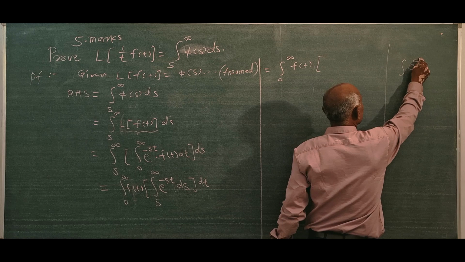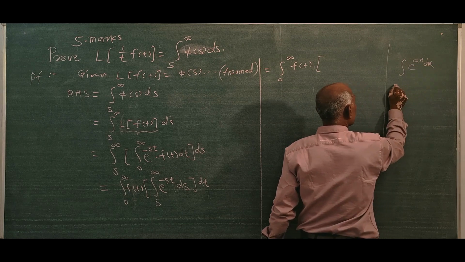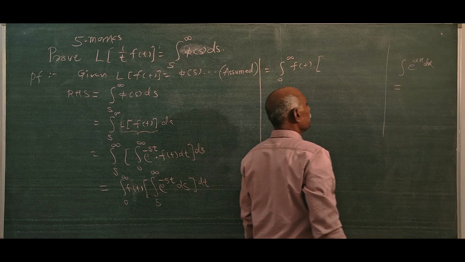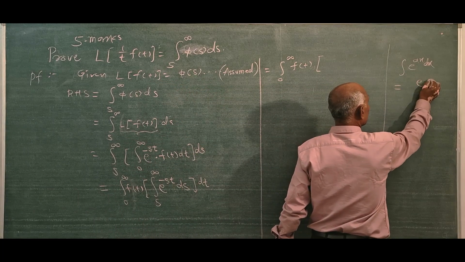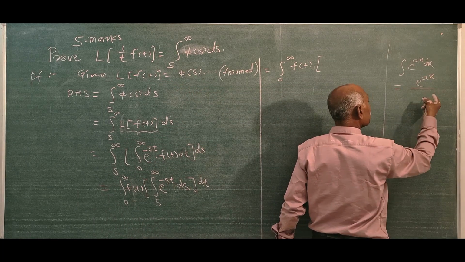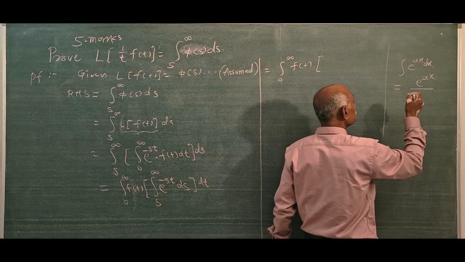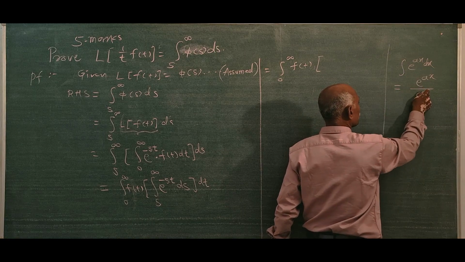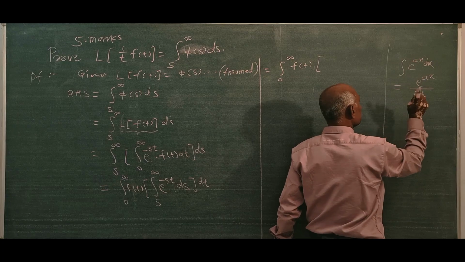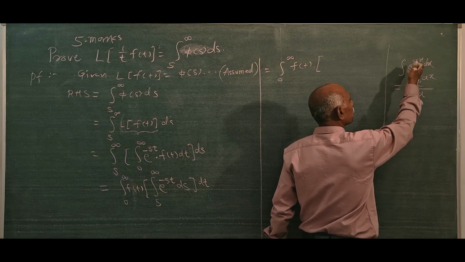Integration of e raised to ax into dx. What is the formula? Integration of e raised to ax remains as it is. Correct? And we have to divide by something. That something is nothing but derivative of ax. And derivative of ax is a, because x is 1 and a remains. So this is a direct formula for integration.